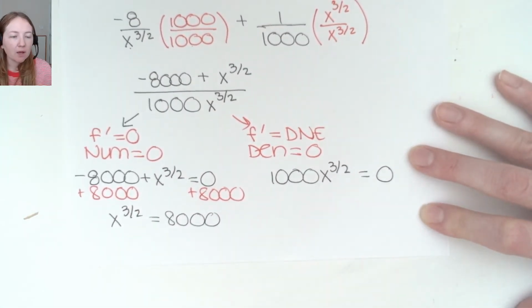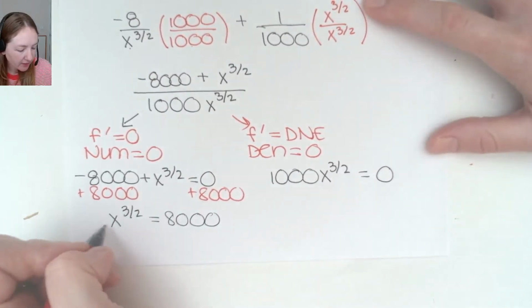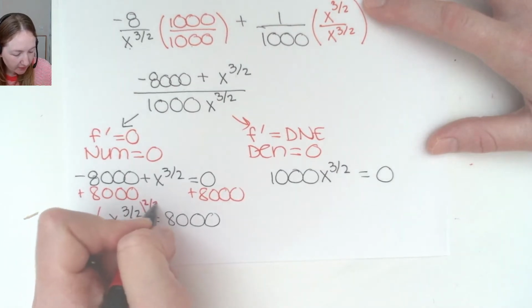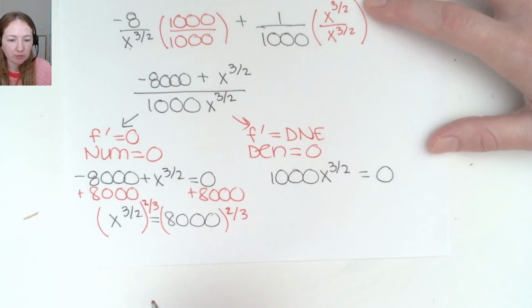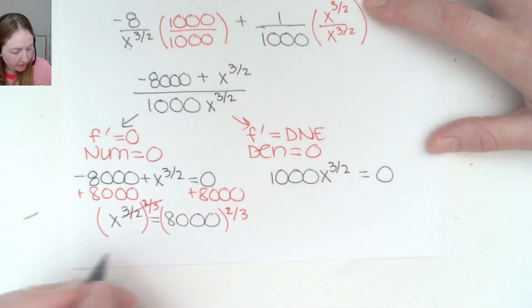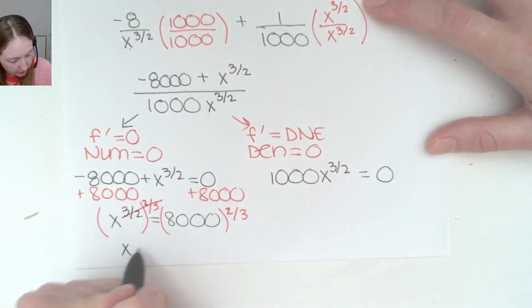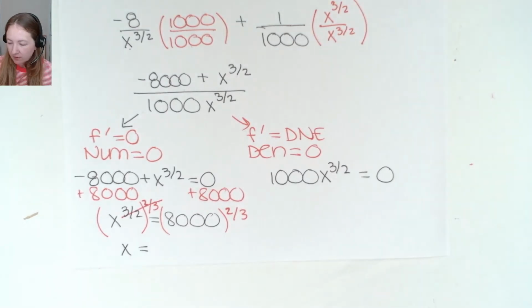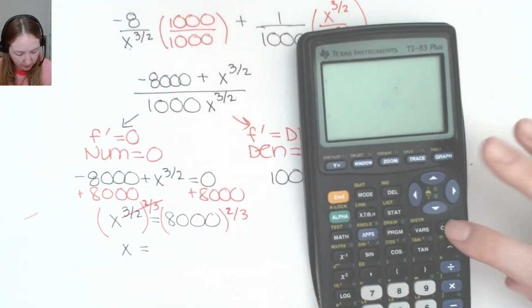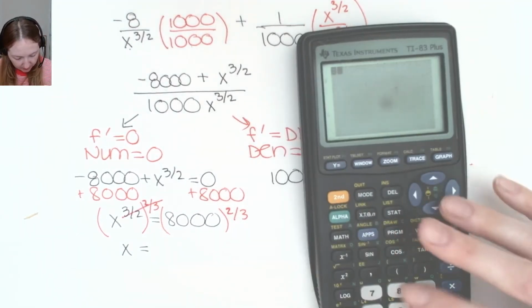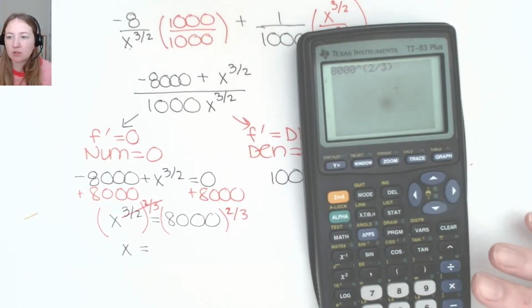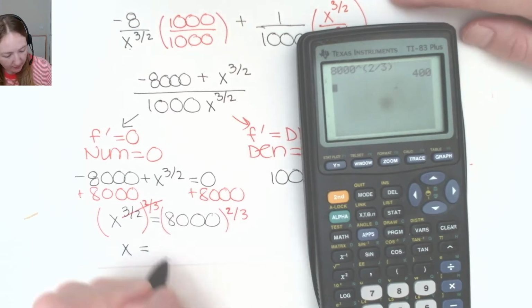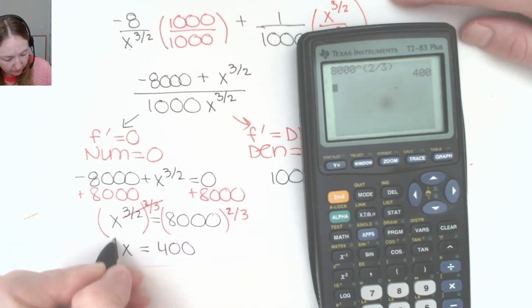The way that we undo the exponent is we raise both sides to the 2/3 power, so we raise to the reciprocal. Those cross out and we get x equals. Just to be clear, on your calculator, you type in 8,000 and then caret, raise it in parentheses to the 2/3 power. That gives you 400.